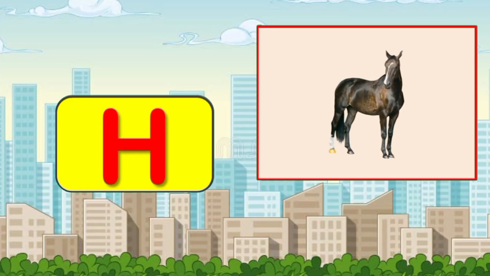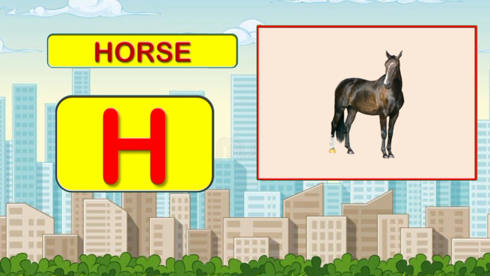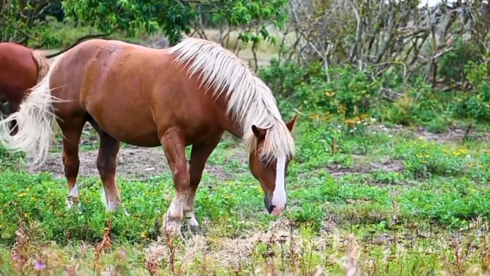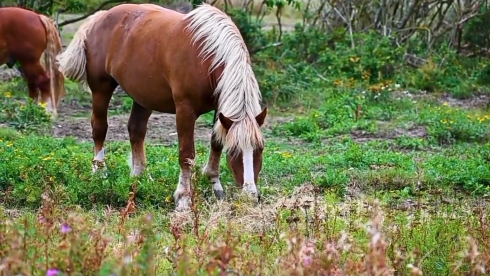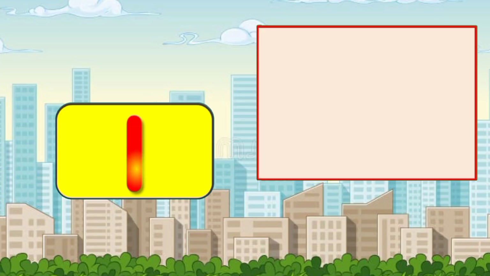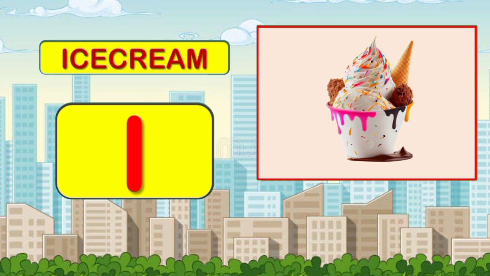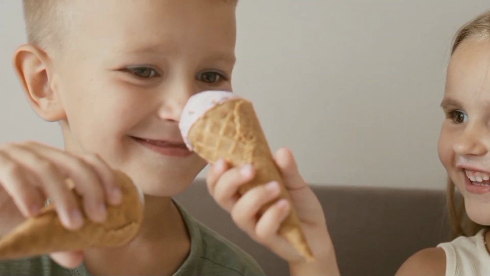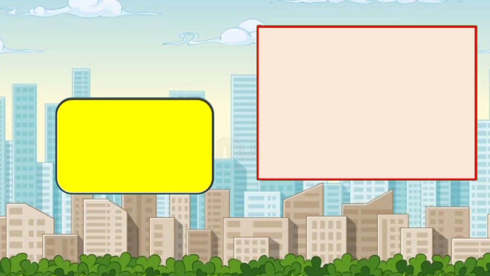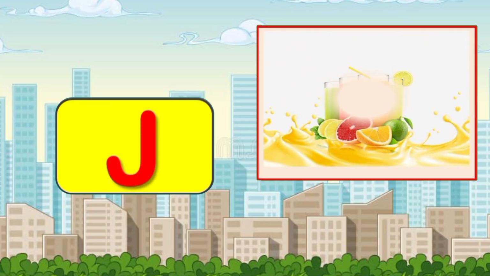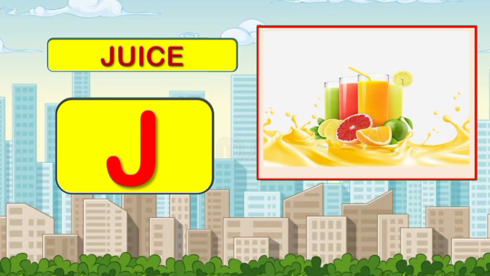H for horse. I for ice cream. J for juice.